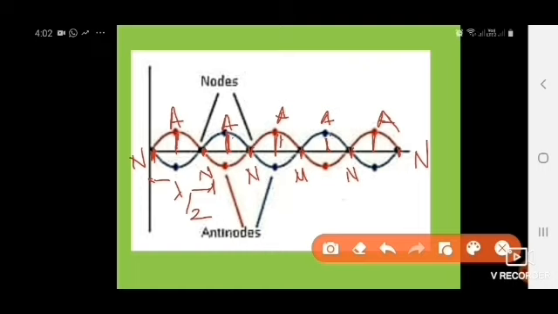It should also be noted that the length L of the string between fixed endpoints is an integral multiple of lambda by 2, and only then are well-defined stationary waves observed. In a stationary wave all the particles perform simple harmonic motion with the same frequency but different amplitude. The amplitude at a node is 0, which increases to maximum at an antinode.